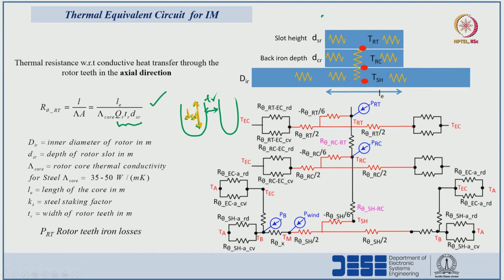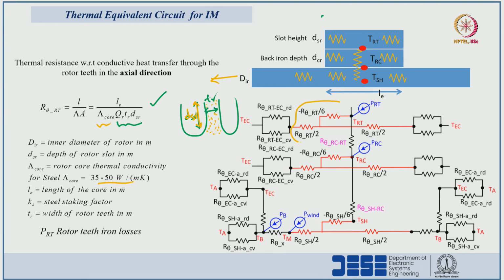So we calculate the area of a single tooth times the total number of rotor slots to give the total teeth area. The length in the direction of axial heat flow is LE, the rotor core length, divided by the thermal conductivity of the rotor core. For a steel core it is 35 to 50 watt per meter Kelvin.